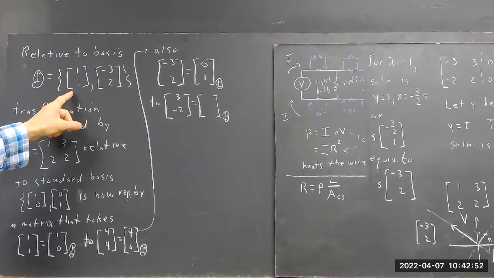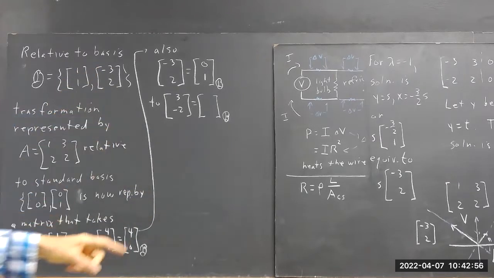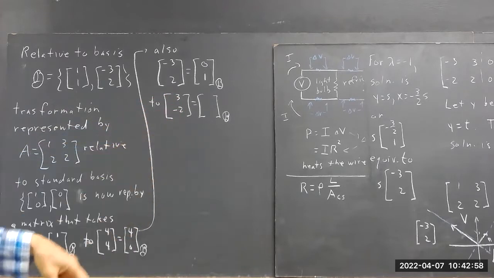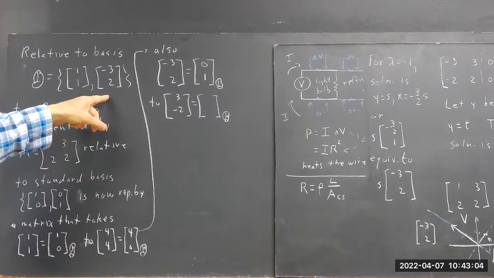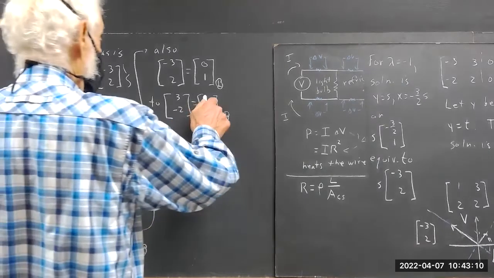What would you multiply this by and what would you multiply this by in order to get 3, negative 2? Well, 3, negative 2 is just a negative of this, right? And that would be 0, negative 1.